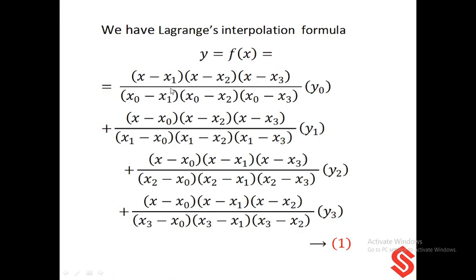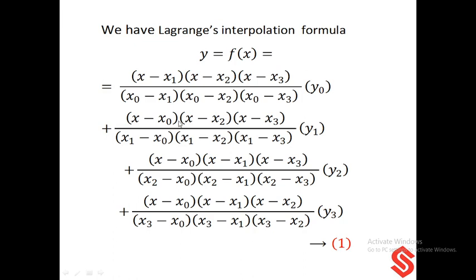So once again I'll say about the terms written in each step. The first one, we are not writing x minus x naught here. We start from x minus x1, then x minus x2, x minus x3. So in the denominator we write x naught minus x1, x naught minus x2, x naught minus x3.